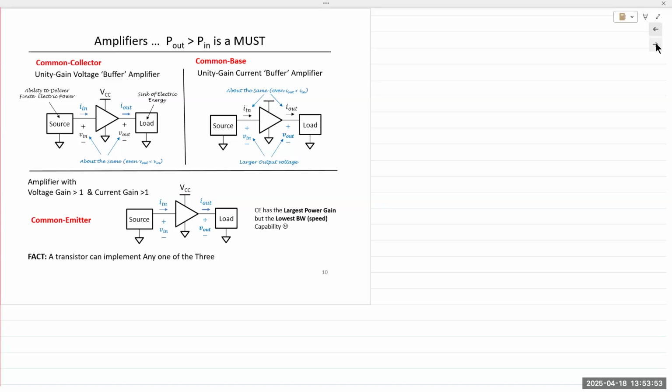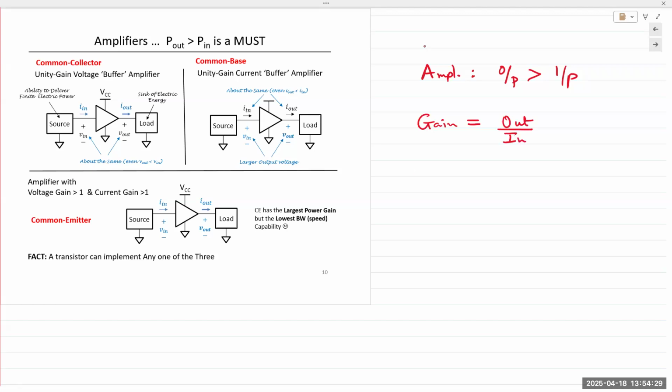Amplification simply means the output is larger than, or greater than, the input. The gain of an amplifier, or the gain of a system, is always the output quantity over the input quantity.